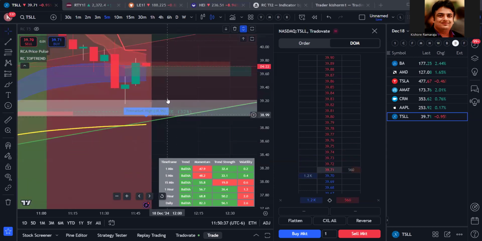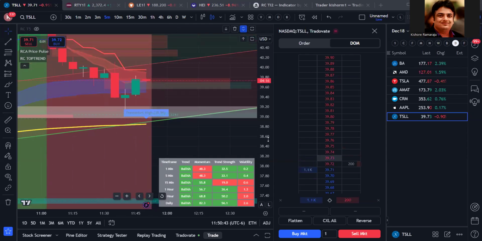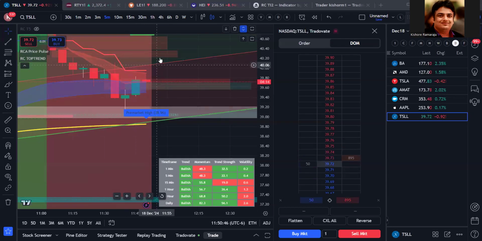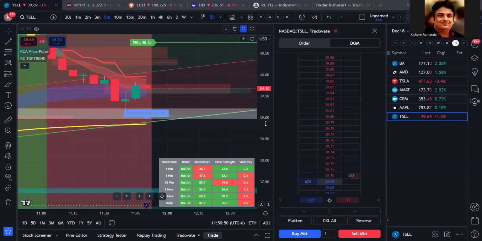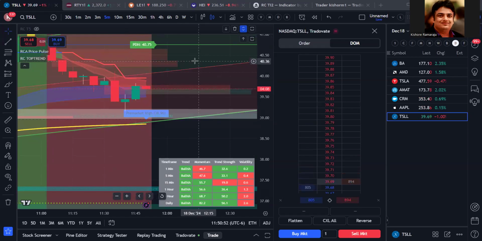Because there is a huge buy order block here, the chances for price to drop below 39 is very less. So once it goes above this red line, then we can also enter calls. For now, we can enter puts or we can sell the puts. Because if you sell the puts, even if it stays choppy, you can make profits.